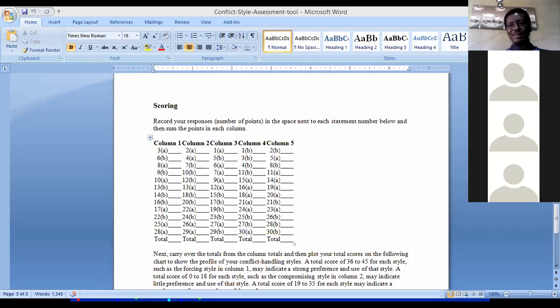So Alpha, can we look at it together now?